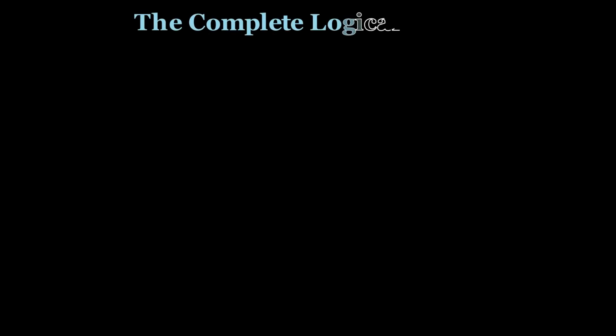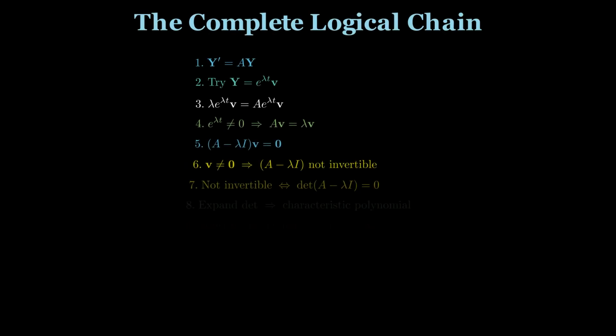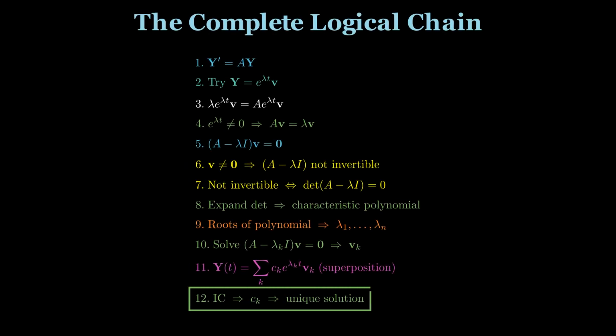Here is the complete logical chain from first principles. We start with the matrix ODE. We try an exponential ansatz. We substitute and cancel the exponential. We get the eigenvalue equation A v equals lambda v. We rearrange to a homogeneous system. We demand a non-zero solution.